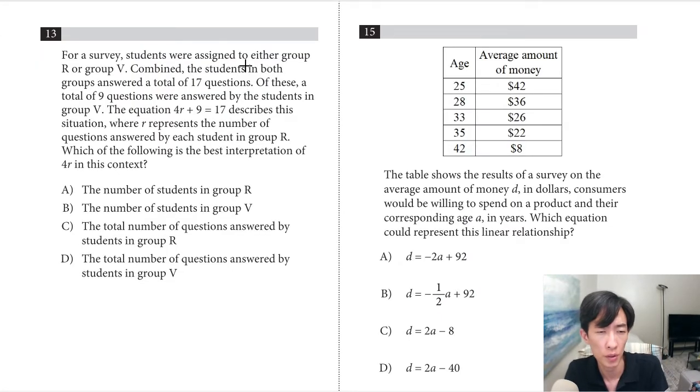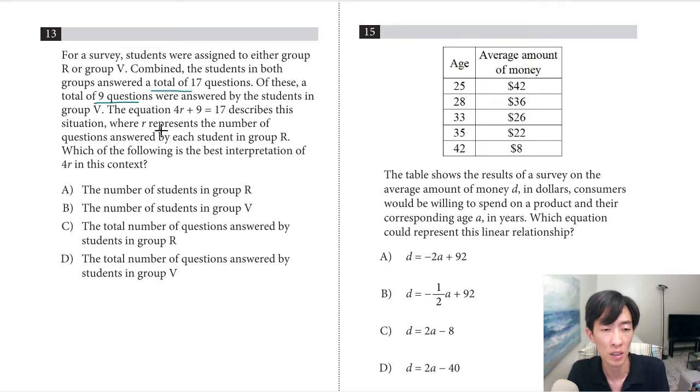Question 13, for a survey, students were assigned to either group R or group V. Combined, the students in both groups answered a total of 17 questions. Of these, a total of 9 questions were answered by students in group V. The equation describes the situation where R represents the number of questions answered by each student in group R. Which of the following is the best interpretation of 4R in this context?